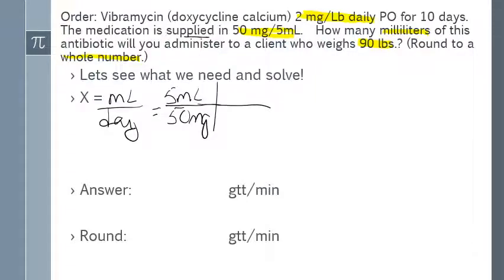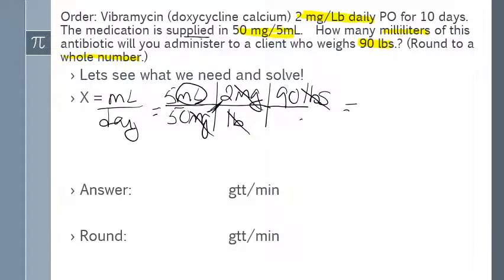The order is 2 milligrams per pound, so we got to put that on top so they can cancel. And we know that the client weighs 90 pounds. So we don't need milligrams, we don't need pounds, we are left with milliliters, and that will be per day.